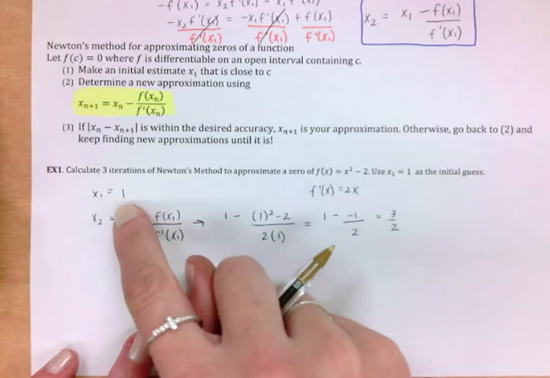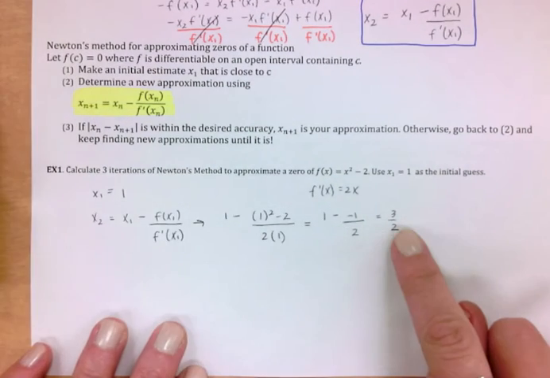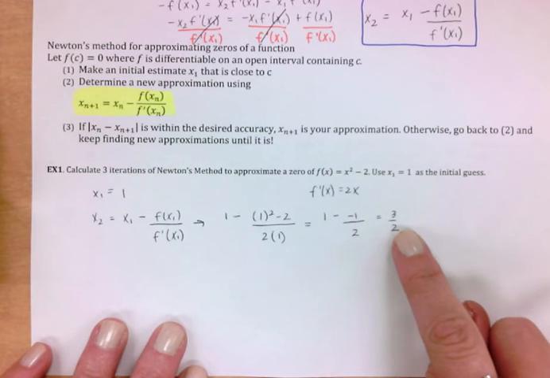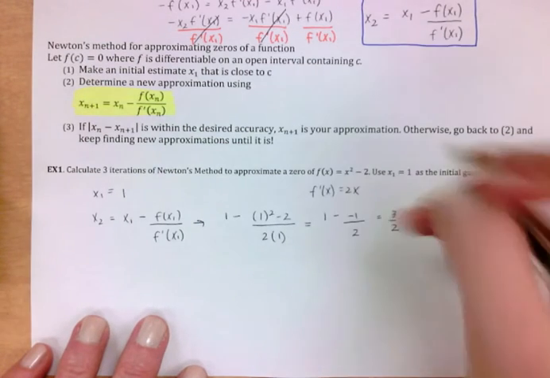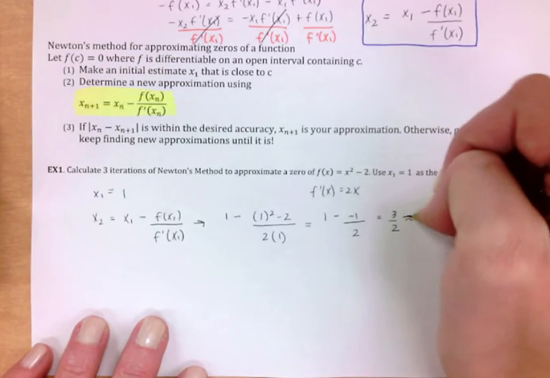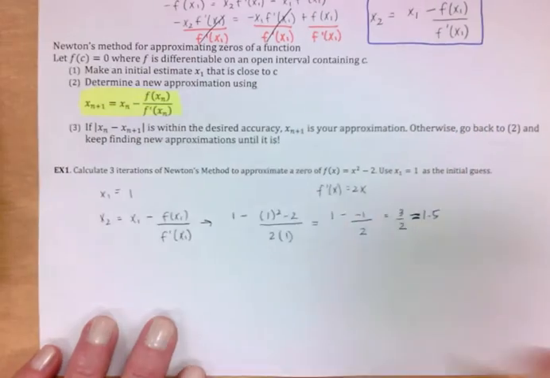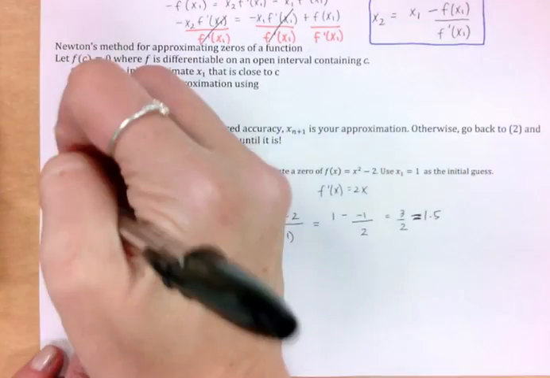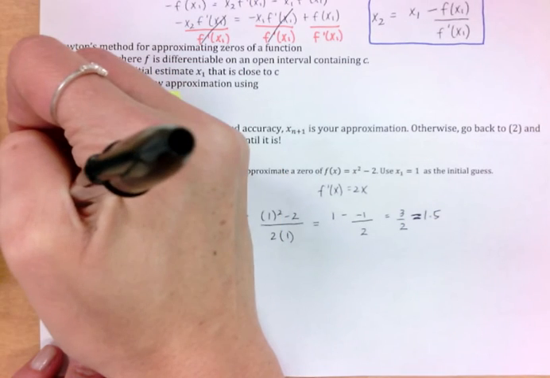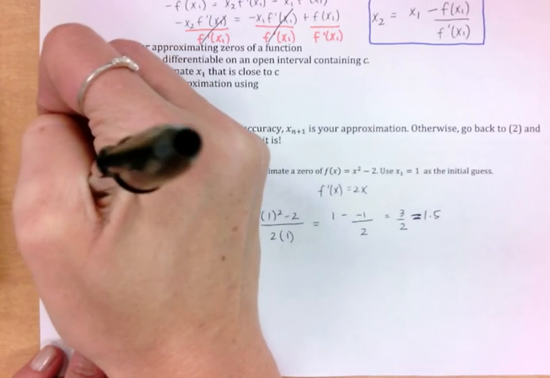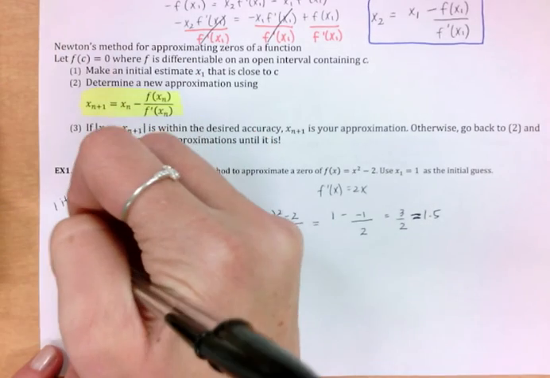So we started out guessing that our root was 1. Well, we found out, not really, it's actually closer to 1.5. So we've done one iteration. Now let's do our second iteration.